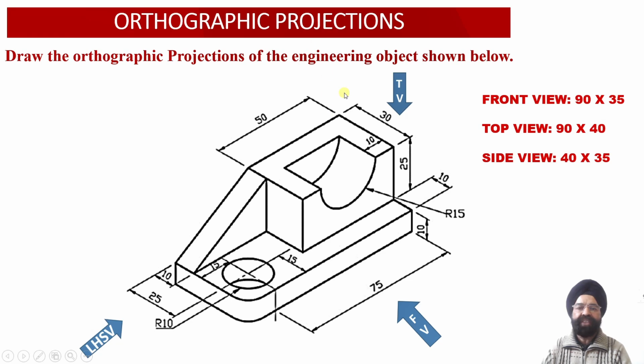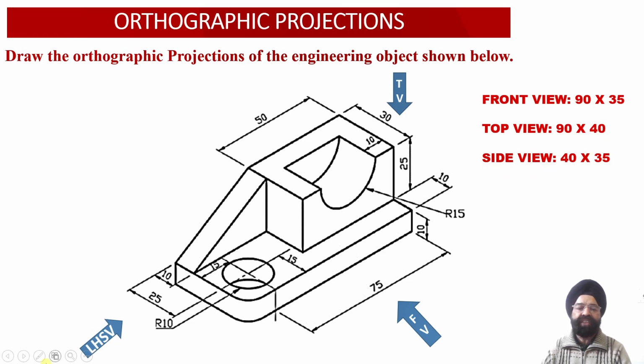Now when we look at the solid from the top view orientation, the width of the solid will again be 90 millimeter, while the depth will be 25 millimeter plus 15 millimeter. So the dimensions of the top view face will be 90 millimeter by 40 millimeter.